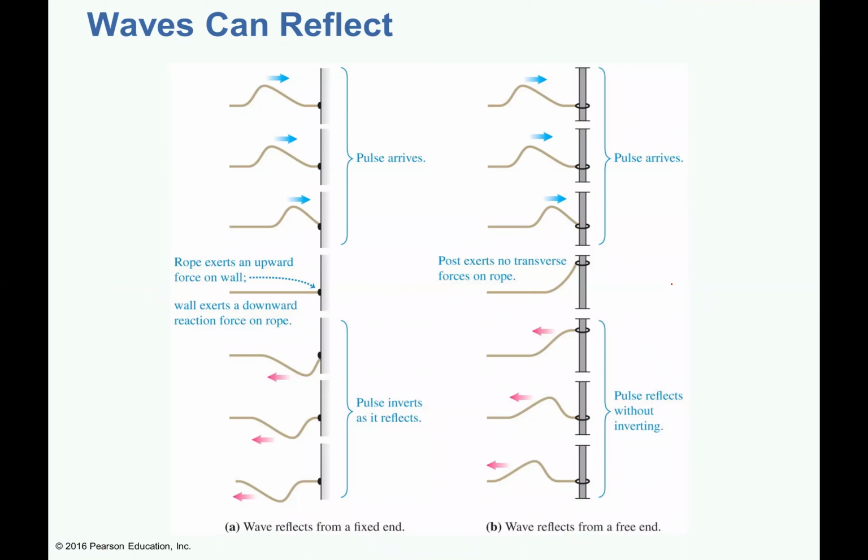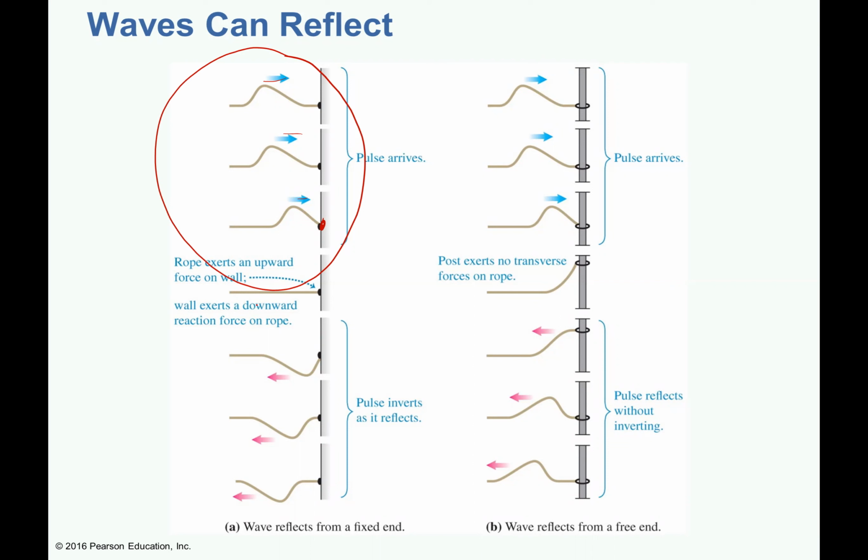All right, so a couple of things we're going to look at is what happens for a wave that is traveling when it reaches some kind of barrier. So we have two scenarios. Imagine here the wave is propagating to the right. It's moving and getting closer to the barrier, which is, let's say, an unmovable barrier. That means it's a fixed point.